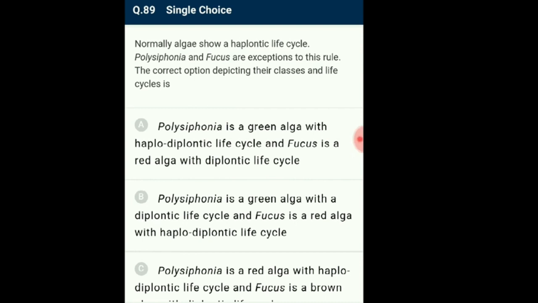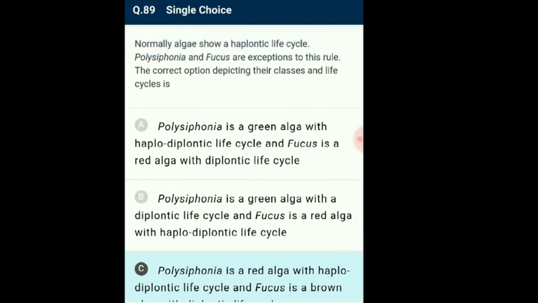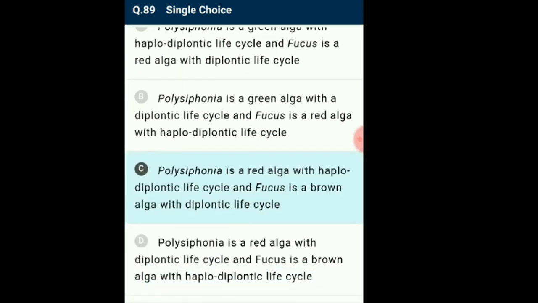This is seen in bryophytes, in brown algae Ectocarpus, and red algae Polysiphonia. So the answer for this question is option C. Polysiphonia is a red alga with haplodiplontic life cycle, and Fucus is a brown alga with diplontic life cycle. So the correct option is option C.